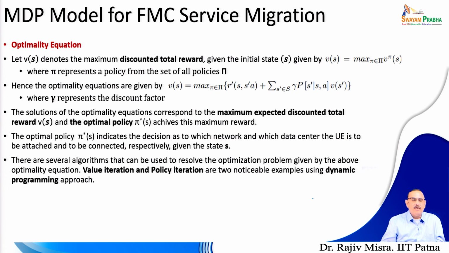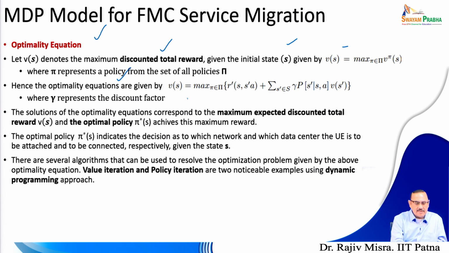Now, the optimality equation. Let V(S) denote the maximum discounted total reward given the initial state S, where V(S) is the maximum over all policies pi from the set of all policies.